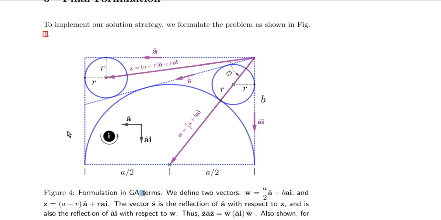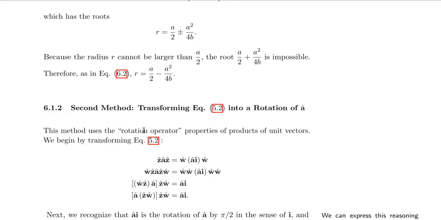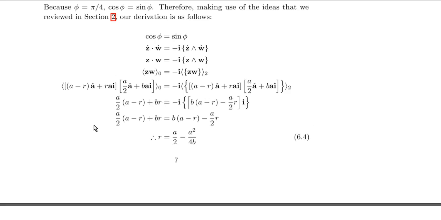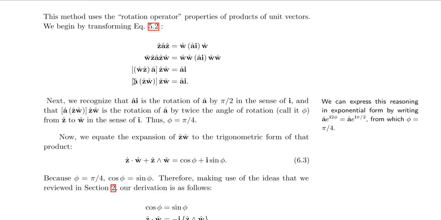So when we rotate Â by twice the angle between Ẑ and Ŵ, and we'll call that angle phi, which we saw earlier, if we rotate Â by twice phi, we get Â rotated by pi over 2, so by 90 degrees.